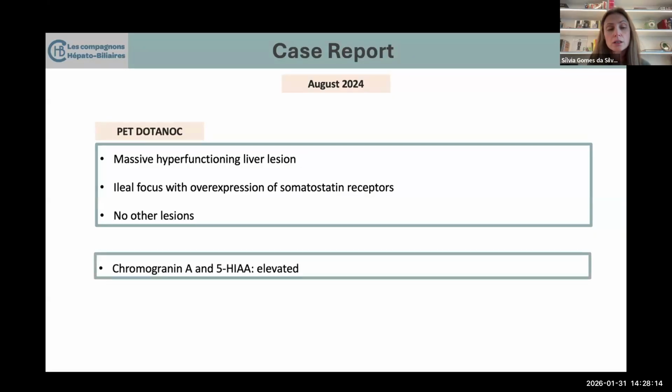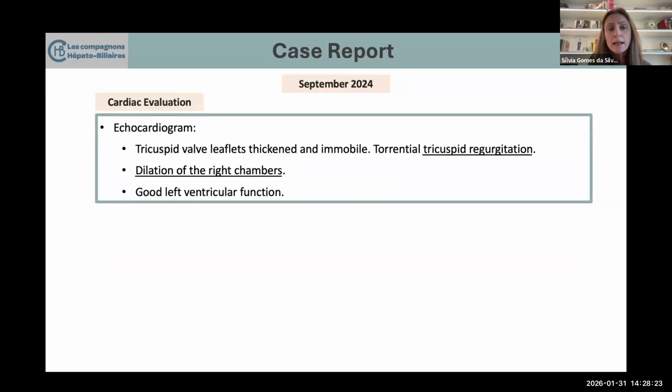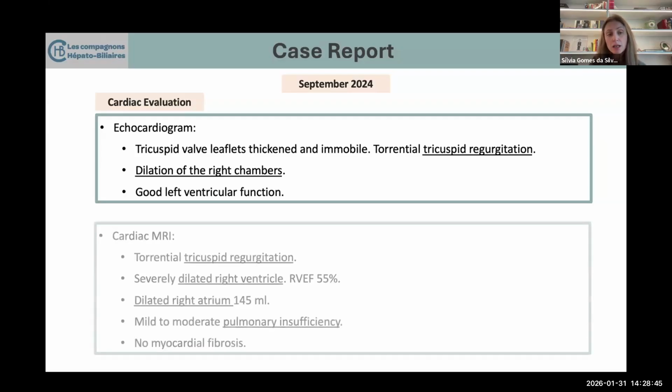At this point, chromogranin and HIAA was elevated. And the patient performed a cardiac evaluation, and we have at this point in September 2024 some cardiac disease already from the carcinoid syndrome, tricuspid regurgitation and a dilatation of the right chambers.